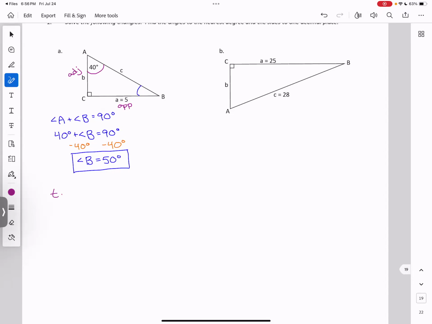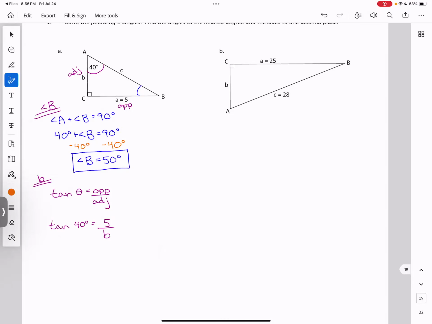So maybe I'll just write little b here to show that's what we're solving for. And up here it was angle B. Okay, so we know the tan of any angle theta is opposite over adjacent. So tan of our 40 degrees is 5 over little b.